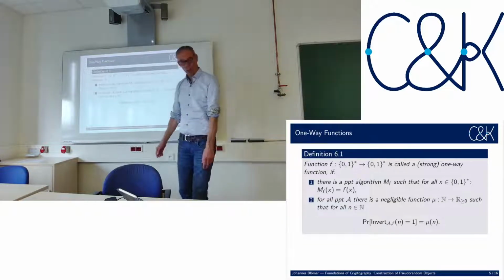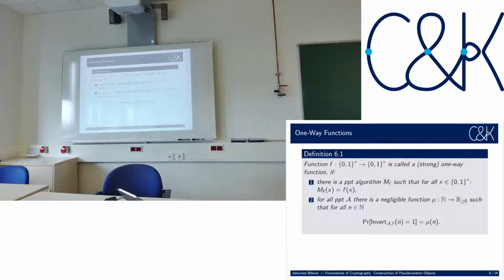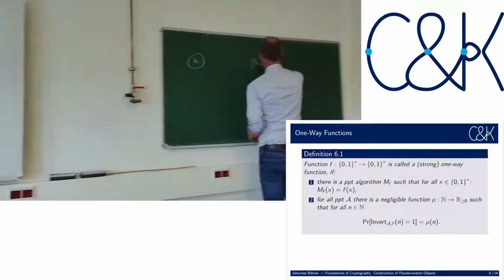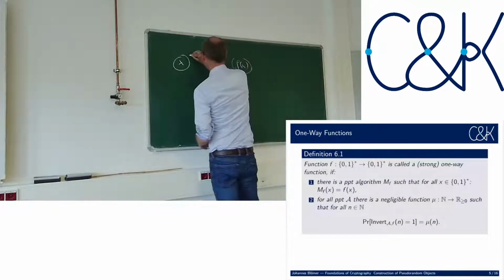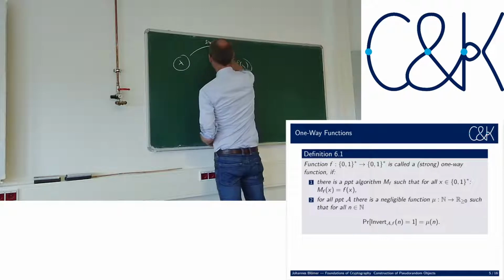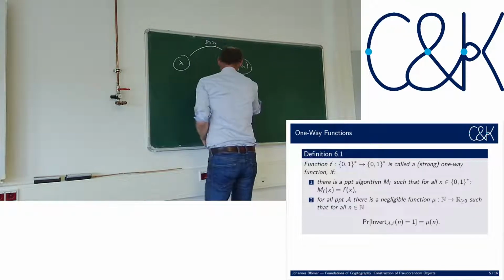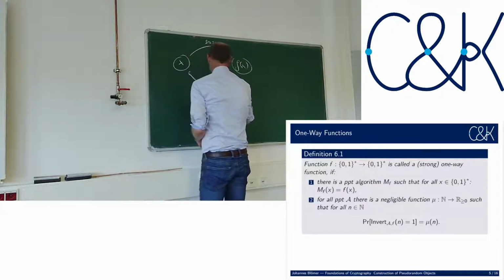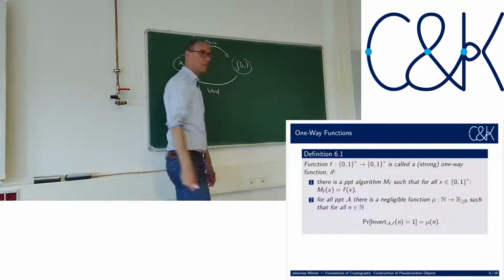So if you go to Goldreich's book, on the cover you see that here is x, here is f of x, and then here is easy, and here is hard. That's one way.